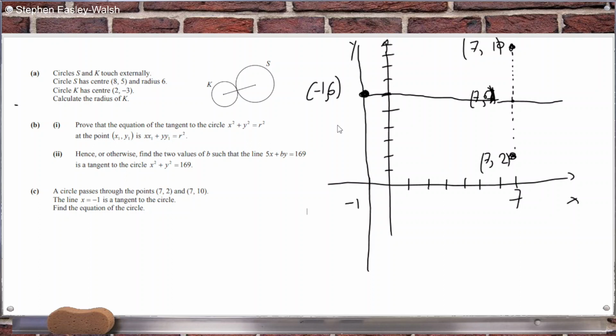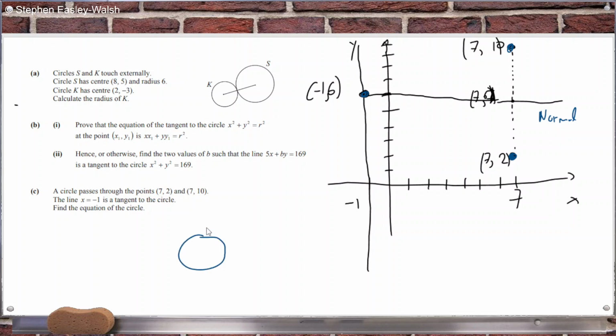So I have three points on the circle, so I know I can solve it, but I'm thinking what would be the quickest way to do it. The reason I know this is on the circle is because this line here, which is a normal, must pass through the center of the circle.